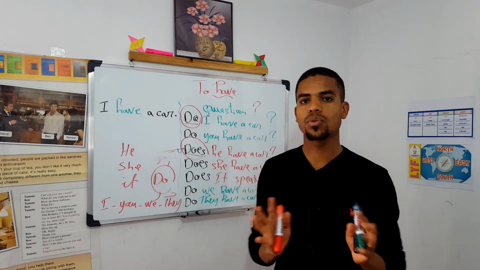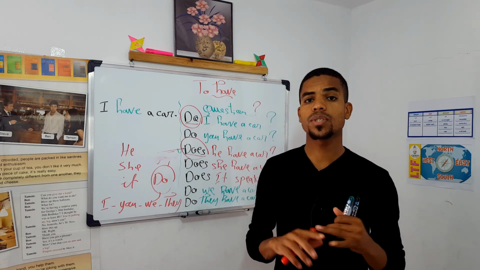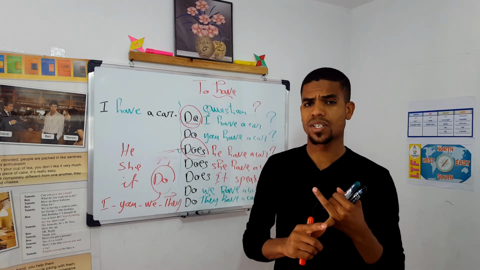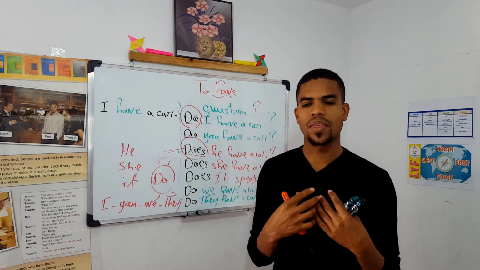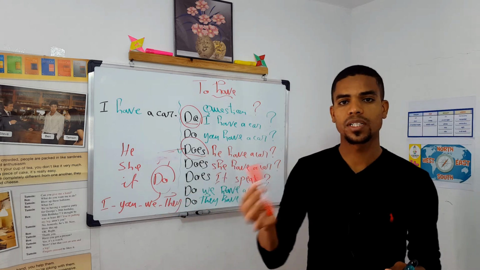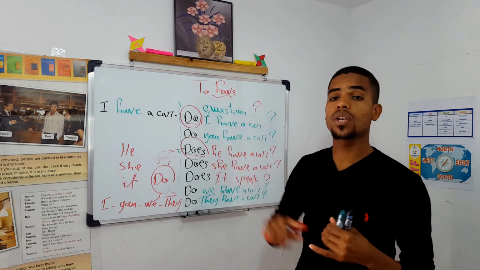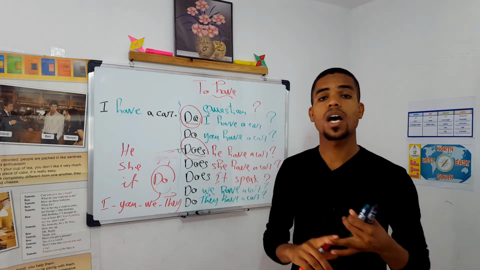Okay, I'm going to recapitulate and try to summarize what we saw in today's lesson. First, we talked about the verb to have, and we use the verb to have to talk about things we possess. If you possess something, I have a marker, it's my marker. I am the owner of this marker. This is the first use. And if you want to talk about relationships, I have two brothers.